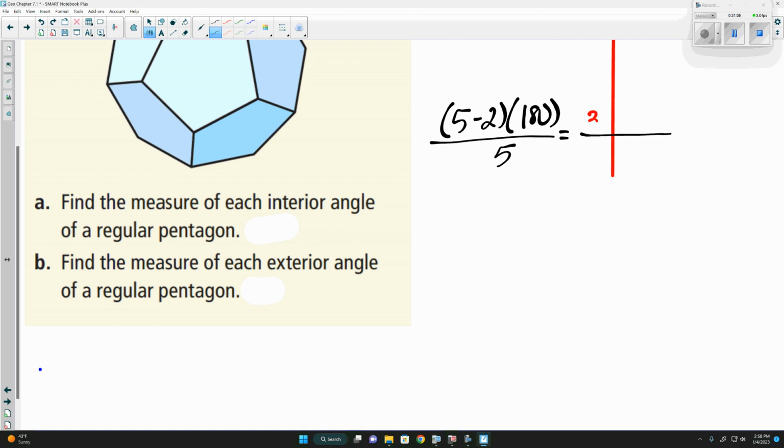Well, 5 minus 2 is 3. 3 times 180 is 540. And 540 divided by 5 is, oh wait, I know I'm going pretty fast for this, but we feel comfortable with these here? Yes, not losing any.